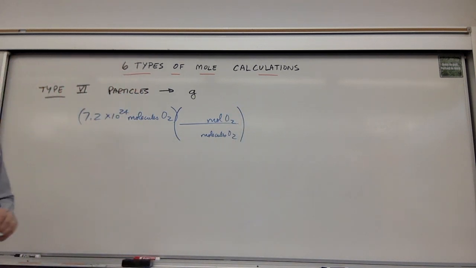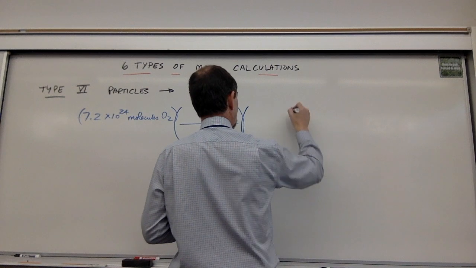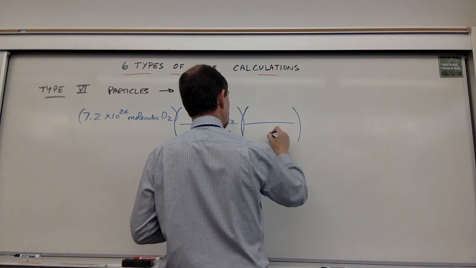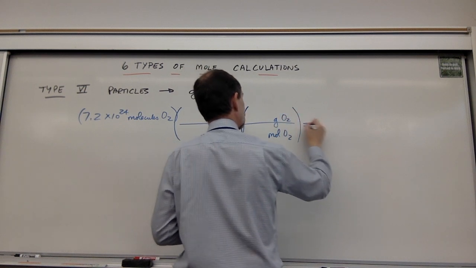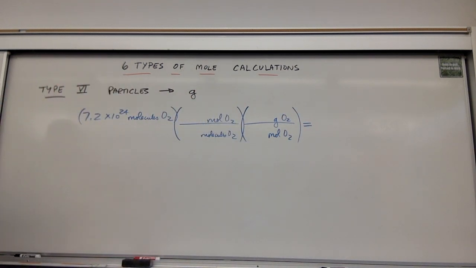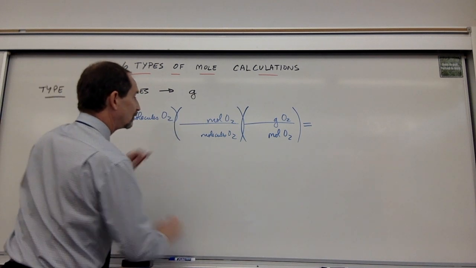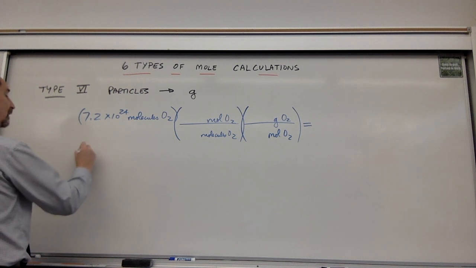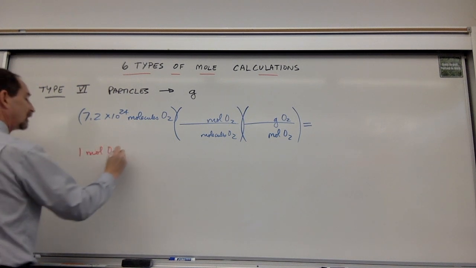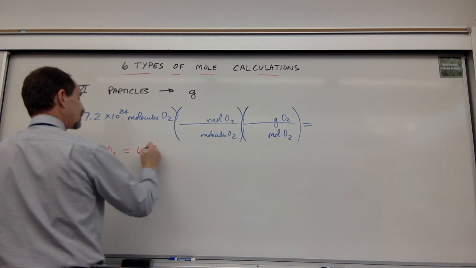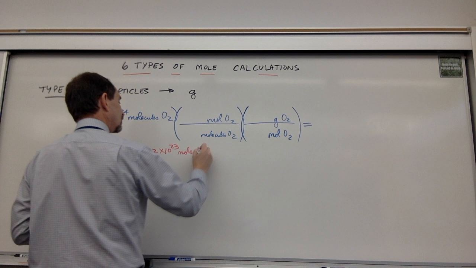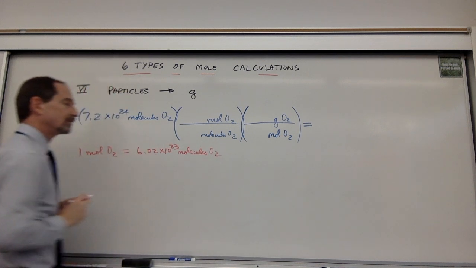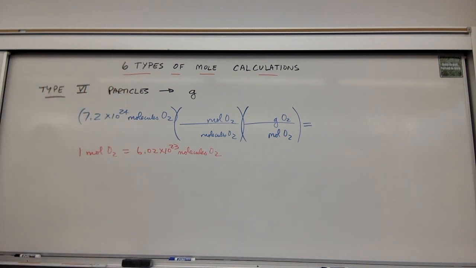Once I've got moles, then I can go to mass and go for every 1 mole of oxygen, how many grams of oxygen do I have? A simple 2-step question. I need an equality. Well, from moles to molecules, I know that 1 mole of oxygen is equal to 6.02 times 10 to the 23rd molecules of O2. That's my equality.